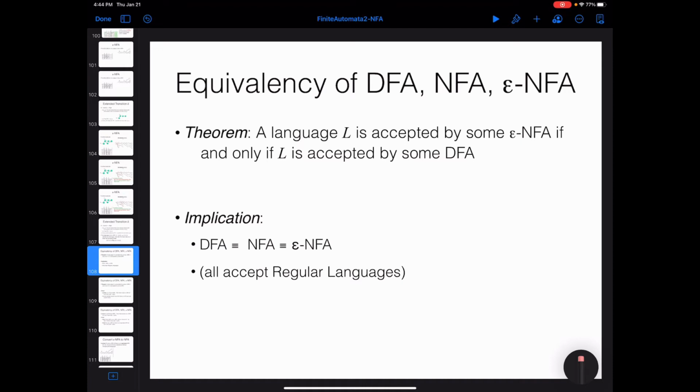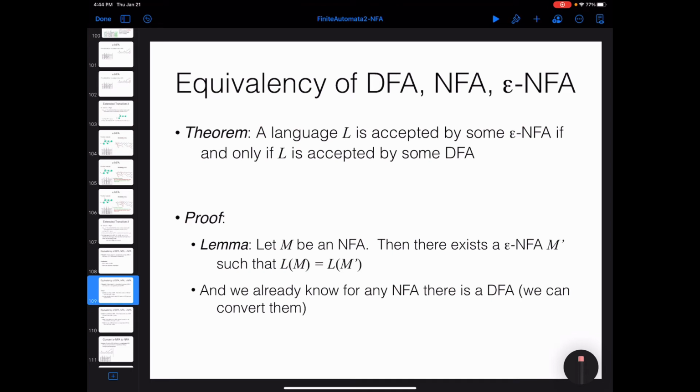So basically the theorem that we have to prove here is, because we have already shown that NFA and DFA are equivalent, that's going to be enough if we show that epsilon NFA is equivalent to DFA or to NFA. So every NFA is also an epsilon NFA. Every DFA is also an epsilon NFA, right?